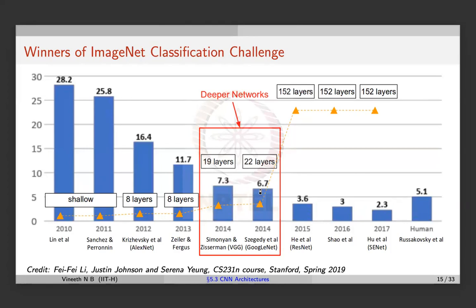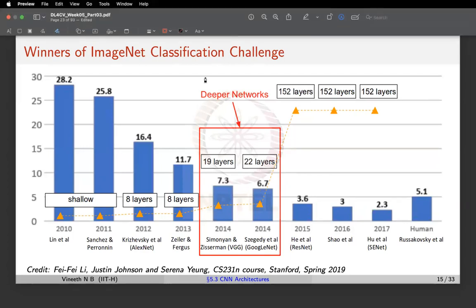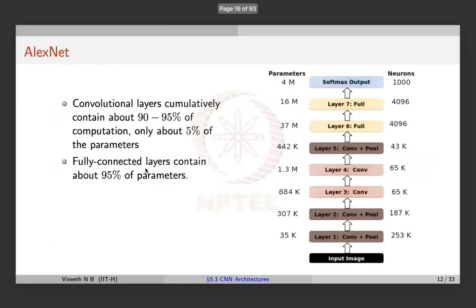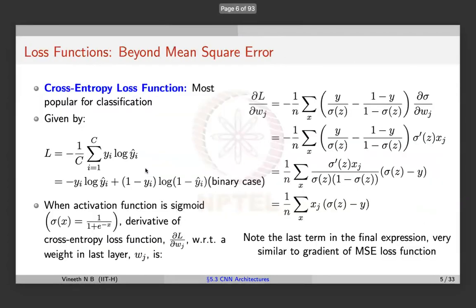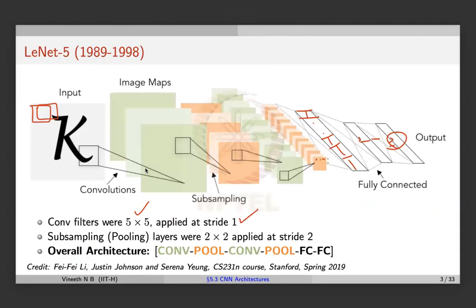They went very deep, and improved from 8 layers to 19 and 22 layers. The first network that we discussed was LeNet, and LeNet had 1, 2, 3, 4, 5, 6 layers.